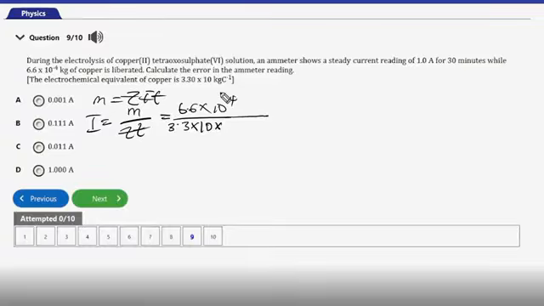So we have to convert this time from minutes to seconds, and that's by multiplying it by 60. So that will be 30 times 60.